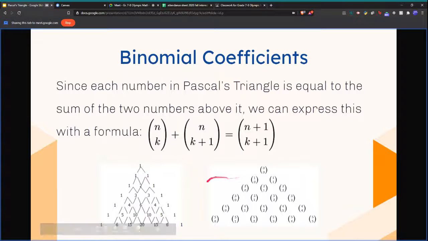And here you can see some examples. We have 1, 2 over here. 1 and 2 make 3. So we try to find that over here. The 1 corresponds to 2 choose 0. 2 would correspond to 2 choose 1. 2 choose 0 plus 2 choose 1 would equal 3 choose 1. And this matches the property over here.